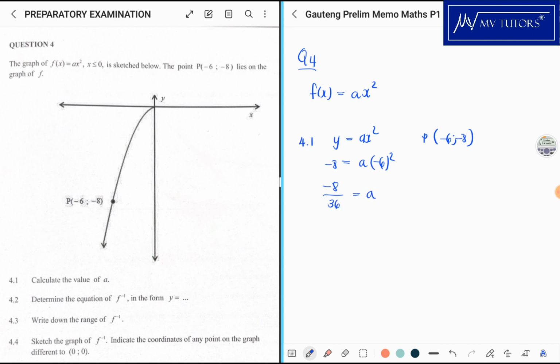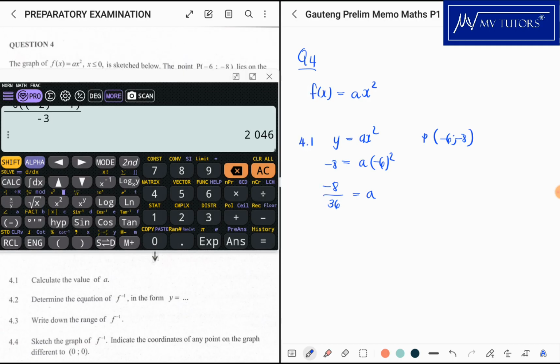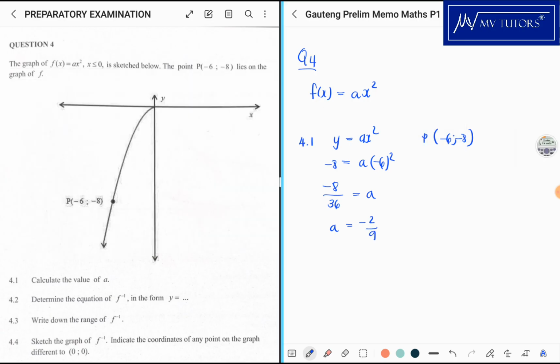I am expecting a to be negative, by the way, because it is a sad face parabola, half a sad face parabola. So minus 8 over 36, simplified, is basically minus 2 over 9. I'm not going to put in the decimal option. Okay, this will be fine. So basically f of x is equal to negative 2 over 9 x squared.